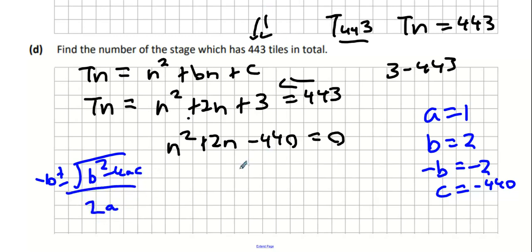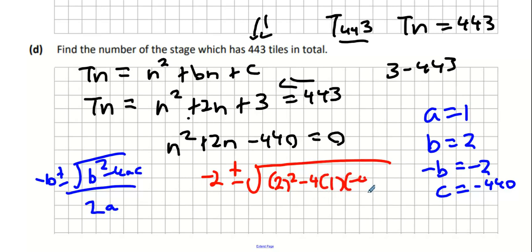You put that in here and you go minus 2 plus or minus the square root of 2 squared minus 4 times 1 times minus 440, all over 2 times 1.